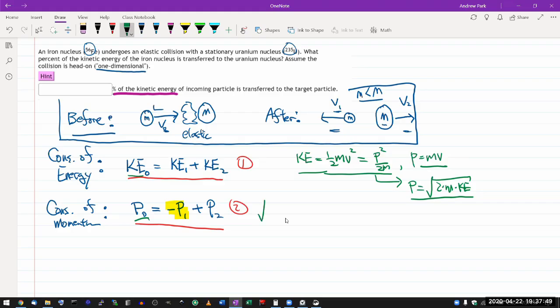So that's going to be the square root of 2m, where the incoming mass is the lowercase m, times the initial kinetic energy, is equal to minus, remembering the minus sign there, the square root of 2m, the mass is still the same lowercase m, and for kinetic energy, I don't have KE0, I have KE1. And then I need the last term here, plus the momentum of big mass M. So it's the square root of 2 times the capital M times the kinetic energy KE2.